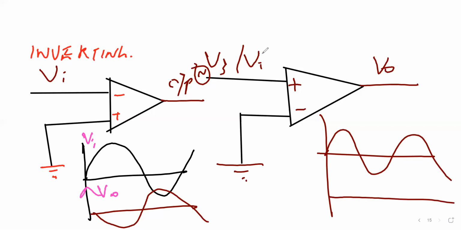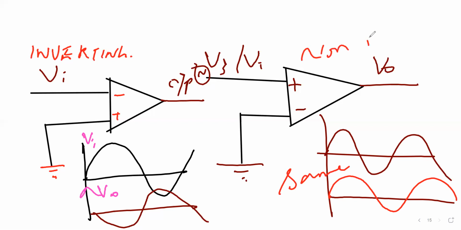The same thing will come, it will follow the input. So when plus is grounded, it is inverting. When minus is grounded, it is non-inverting.